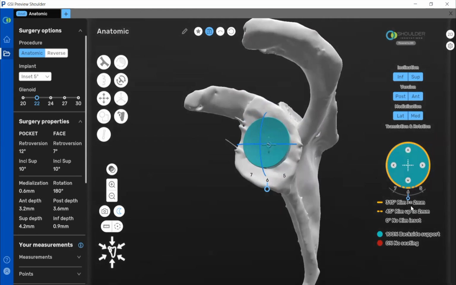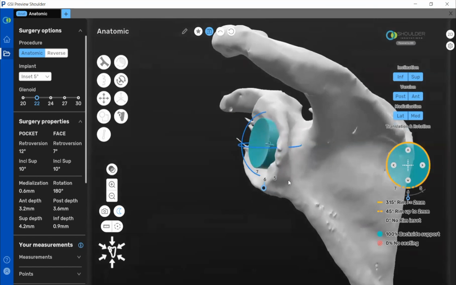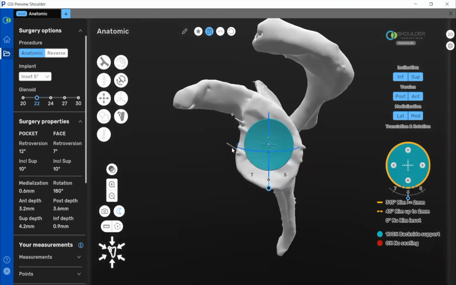Now I want to make sure that I have a nice rim, because basically when we put these in, we're creating a pocket. So you have a flat base that's the same size as this disc, but then you also have a wall, because you basically ream into the bone and create a little rim all the way around. And you want about a 2 millimeter rim, like it's down here on the bottom right.